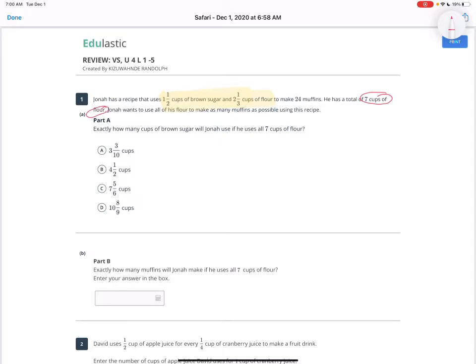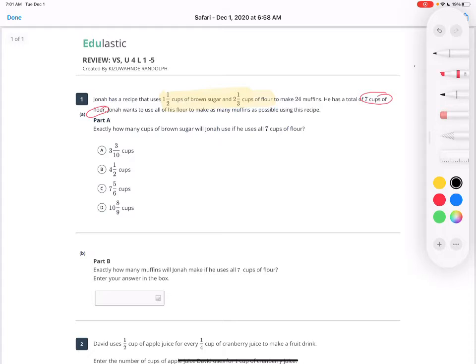Now, while we were learning lessons 1 through 5, I always told you guys, anytime you see a mixed fraction, you want to change it to an improper fraction. So here's what we're going to do. 1 times 2 plus 1 is 3 over 2.